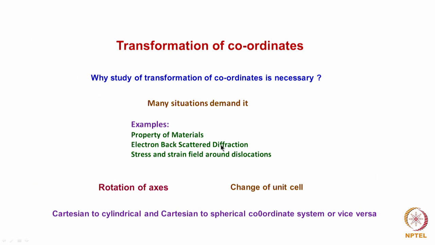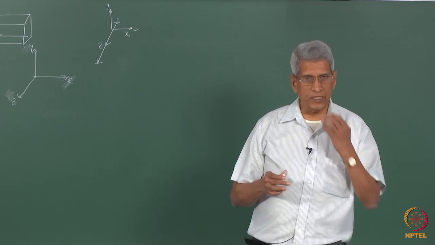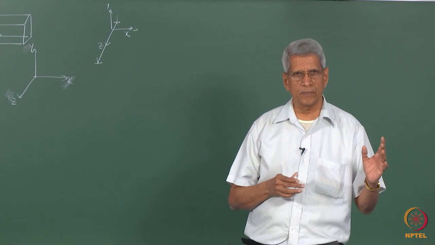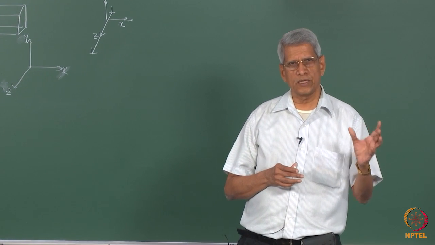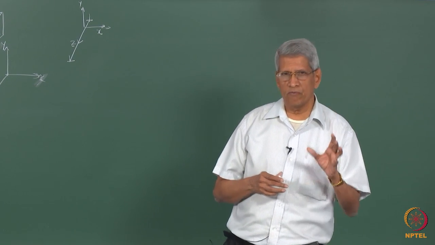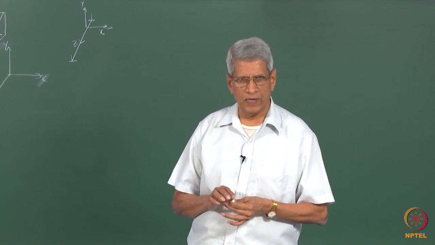These are the two cases, and we will consider both. One is rotation of axes. If we rotate it and come to a new coordinate system, how can the transformation be related, and how do the vectors change? This is one aspect which we will consider.